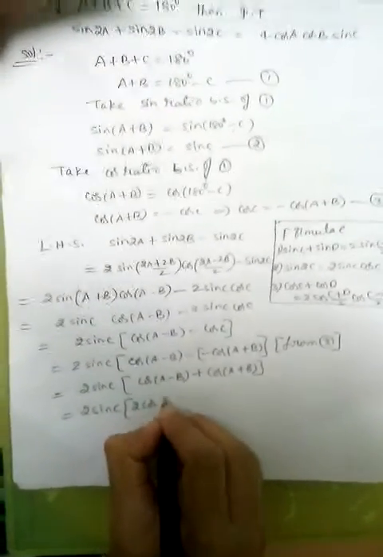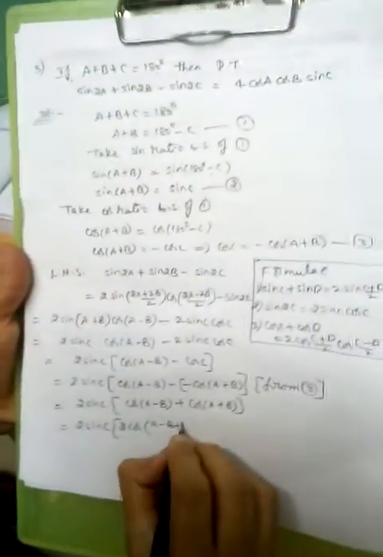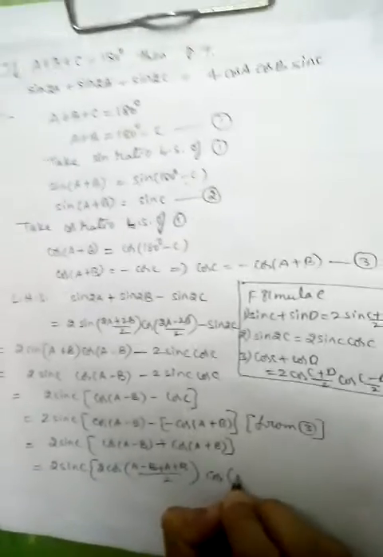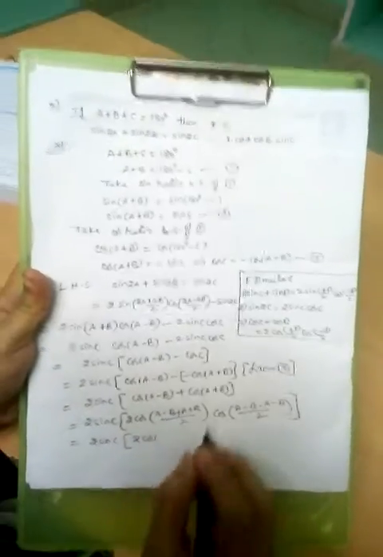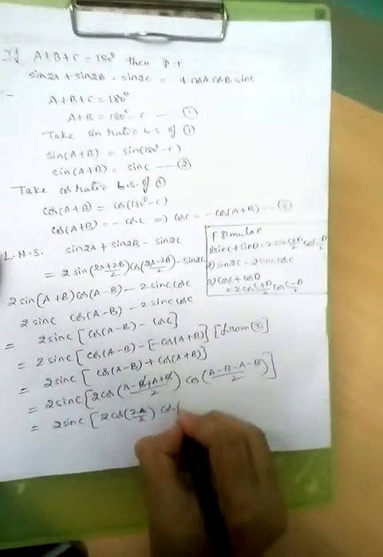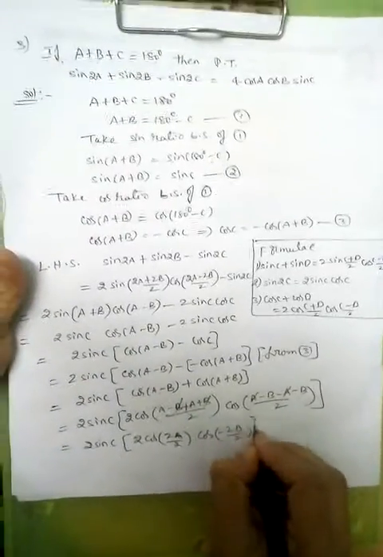So 2 cos (a minus b plus a plus b) by 2 and cos (a minus b minus a minus b) by 2. So which is equal to 2 sin c, 2 cos of, minus b plus b cancel, 2a by 2, cos of plus a minus a cancel, minus 2b by 2.